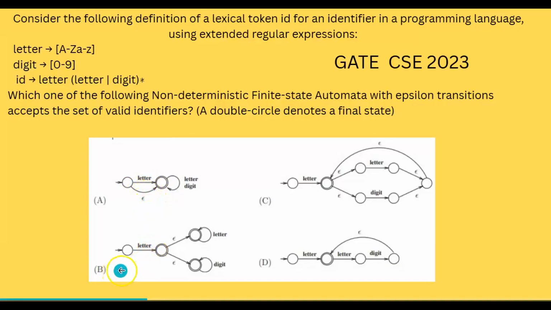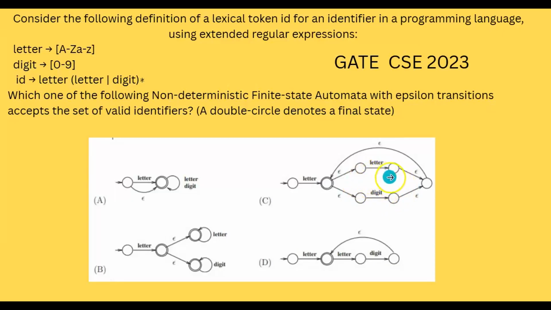What about this B? The first character must be a letter. But after that, it can have two choices. Once it goes letter, it cannot have digits, and once it goes to digits, it cannot have letters. So this is not the right answer. But option C, the first character must be a letter followed by letter or digits. So we can have 0 or more occurrences of letter or digits.